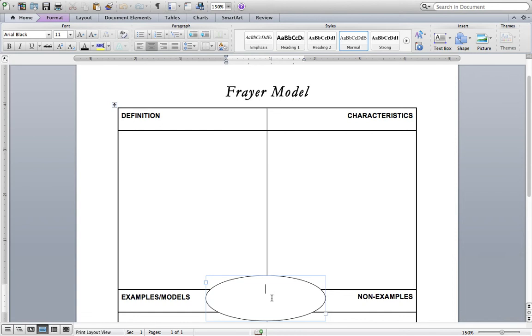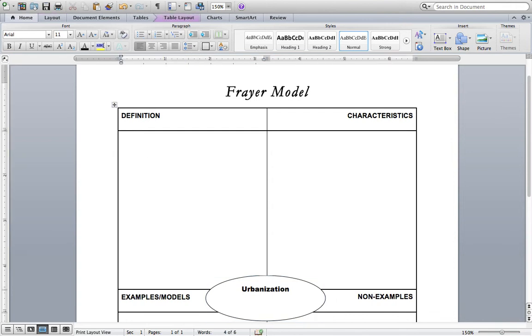And the first term that we had was a term called urbanization. Okay, and in this graphic organizer, there's 4 quadrants. The first quadrant is simply for the definition in the student's own words, characteristics describing the term, examples, and then non-examples.